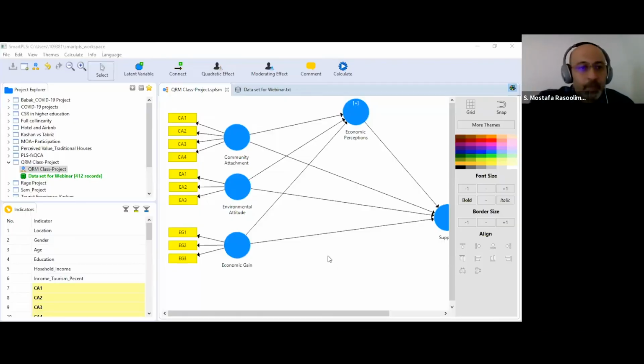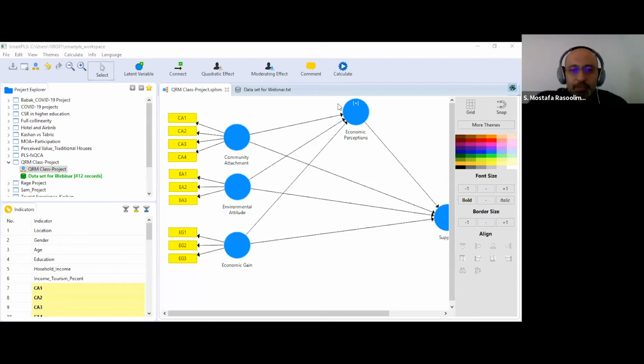Okay, so now you can see my screen, right? Software screen. This is a SmartPLS model that we created in the last session, and now we want to add the moderator to this framework and see how we can create and assess moderator using interaction.